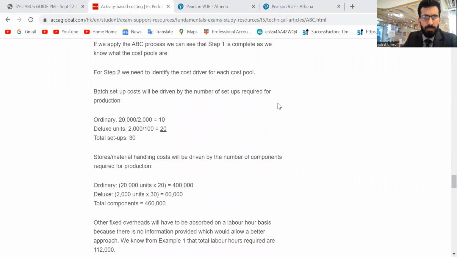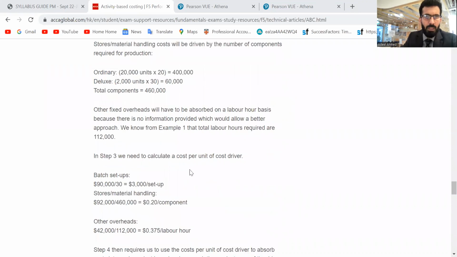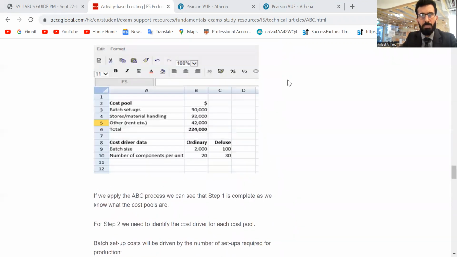The overhead absorption rate has been calculated, and it turns out that the overhead absorption rate for setup cost is $3,000 per setup. For material handling, it is $0.2 per component, and for other overheads, it is 0.375 per labor hour. So based on these, now we will try to calculate the total amount of overheads which could then be absorbed into the product cost.